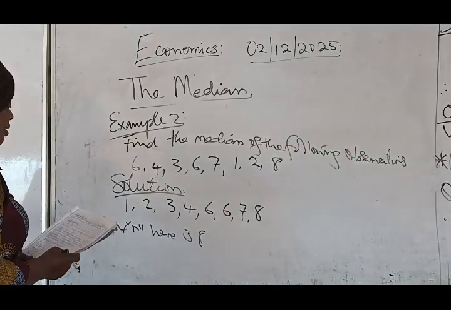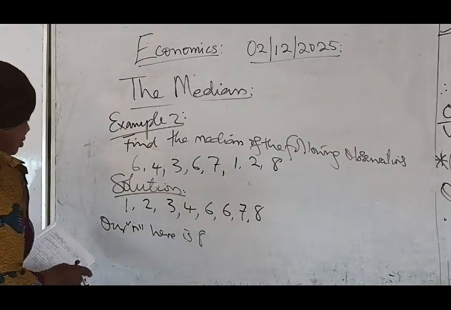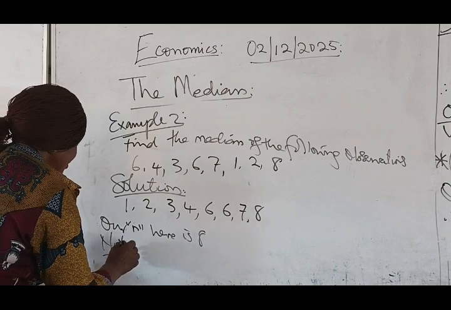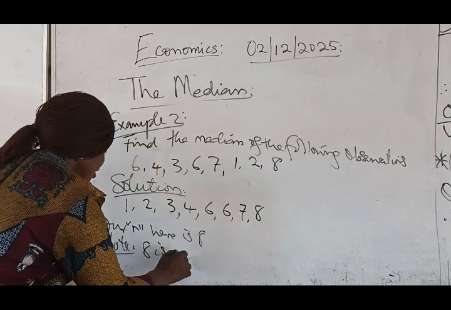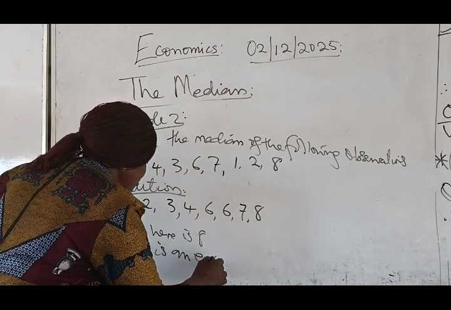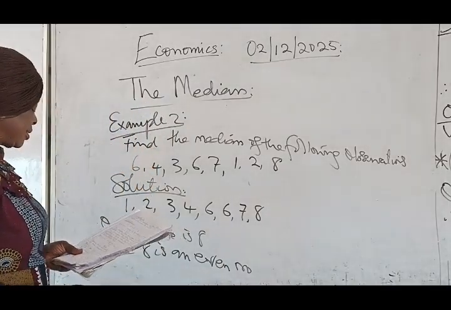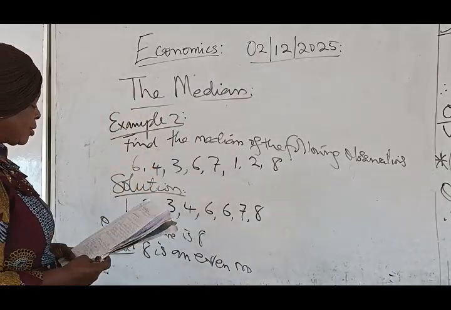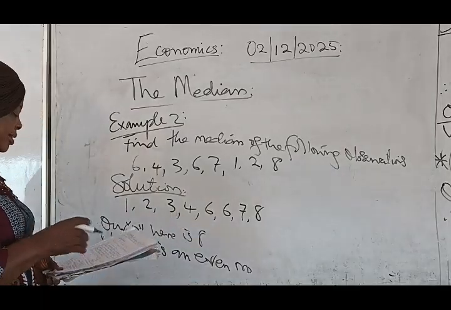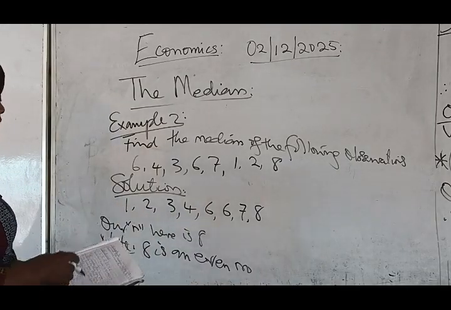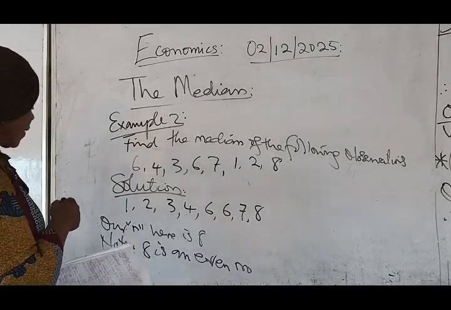Now 8 is an even number. Since 8 is an even number, what do we do? To locate the number in the middle, there are two numbers that fall in the middle.